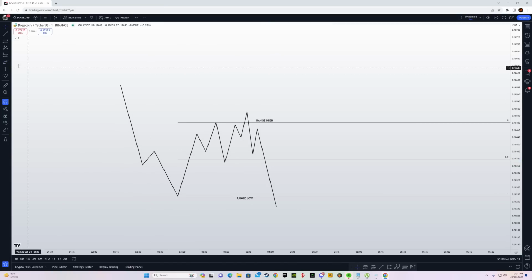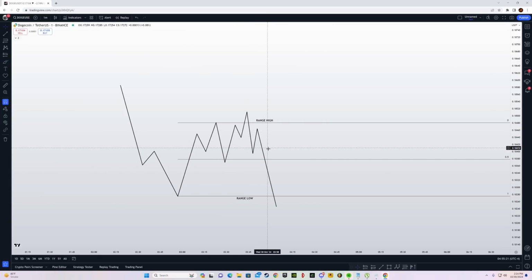If you are not getting at least 1-to-1 risk to reward when price reaches the 0.5 level, you only go break even. But if you're getting 1-to-1 or more risk to reward at the 0.5 level after your entry, then you can take one partial and then you can go break even.